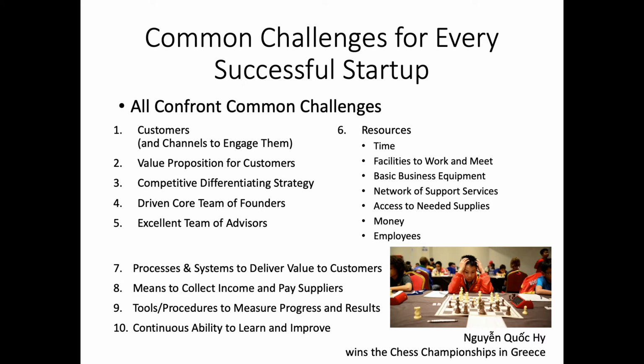Our network of services. What kind of services are we going to need, like accountants and lawyers and maintenance people and sales staff? Or what kind of outside support services do we need? And what are they? Who are they? Access to supplies. We're not talking just pencils and papers and pens here.